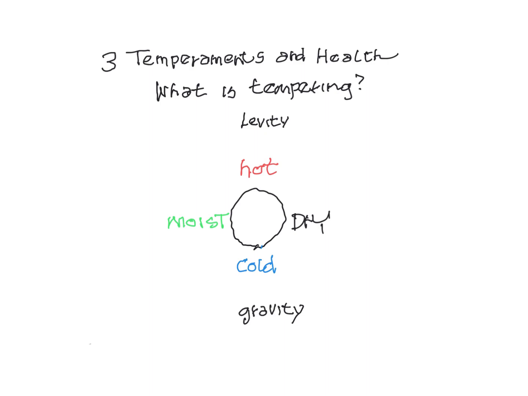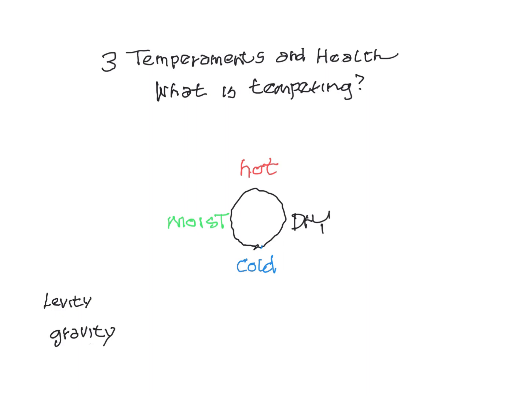So tempering is balancing. And balancing means to change proportions in things. So I'm going to move gravity and levity out of the way, and we're going to talk a little bit here about making gravy, because gravy requires a very keen sense of tempering.